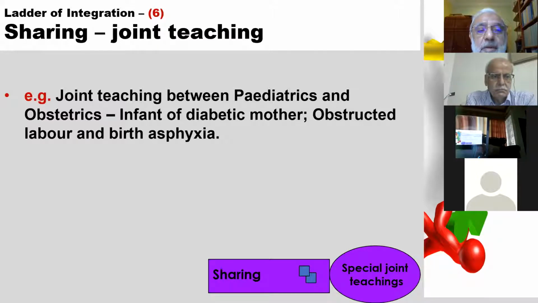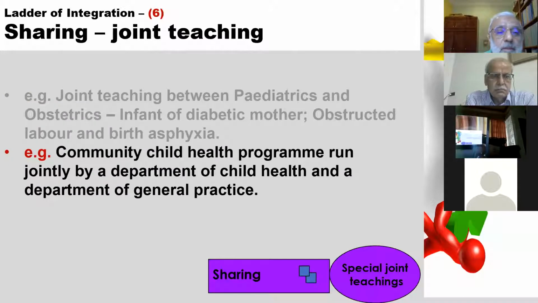Or obstructed labor and birth asphyxia can be another example. Community Child Health Program being run jointly by the Department of Child Health and Department of General Practice means when we are teaching the students about community child health, these two departments work together.